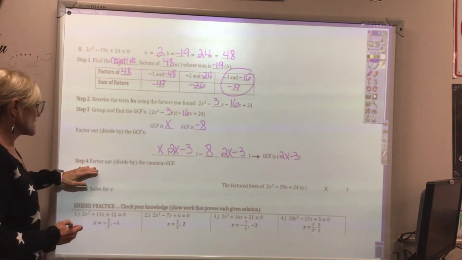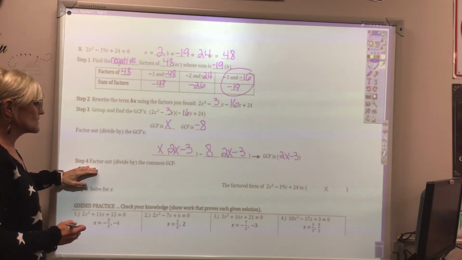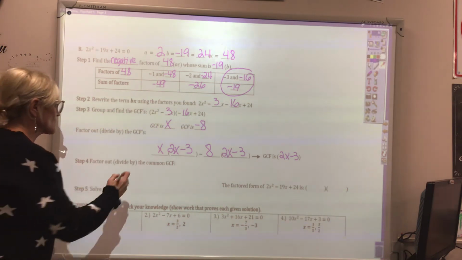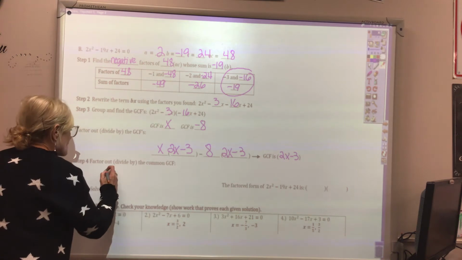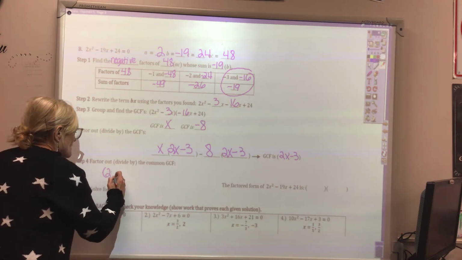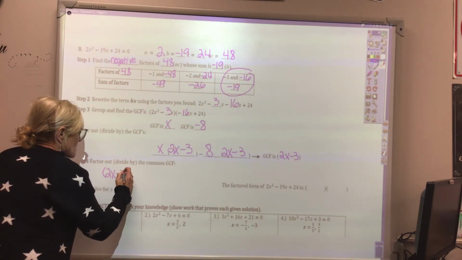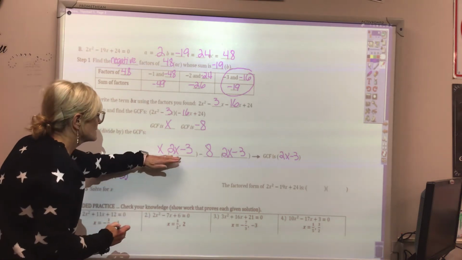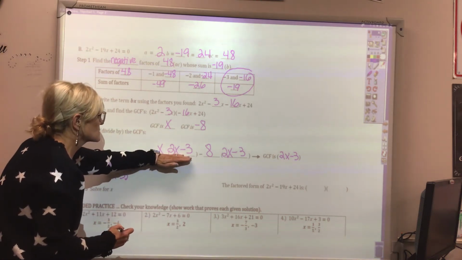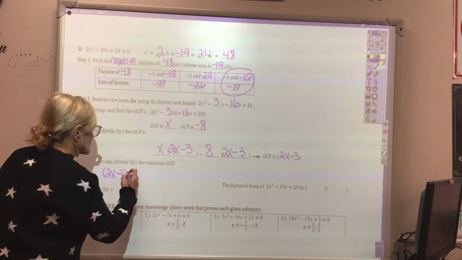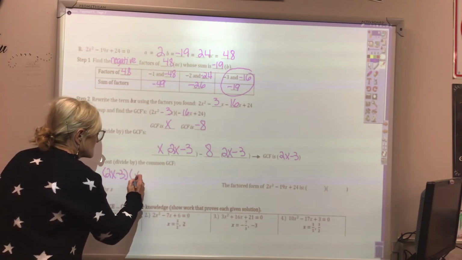So the next step is to divide out the greatest common factor. So we'll put a 2x minus 3 out front. And when we divide x times 2x minus 3 by 2x minus 3, we're left with just the x.